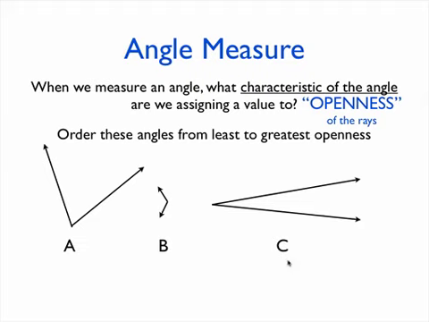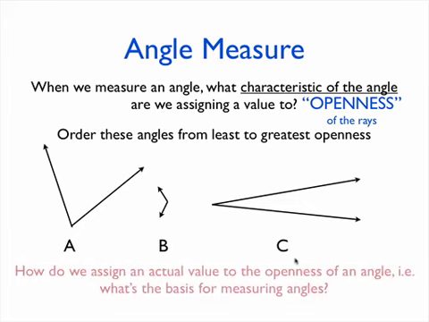C is the least open. So when we put a number on it, it'll be the lowest value. Next greatest, A is next largest, and the largest amount of openness is B. So when we assign a number, this will be the lowest number, and this will be the highest number. The openness corresponds to the value that we assign, we measure.